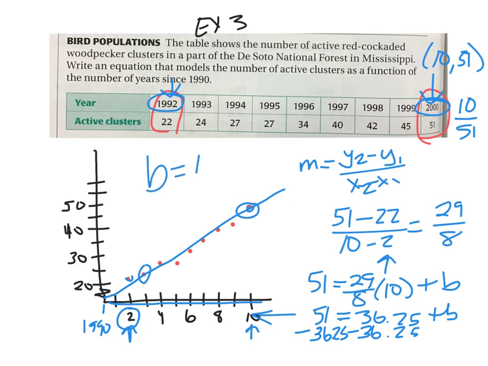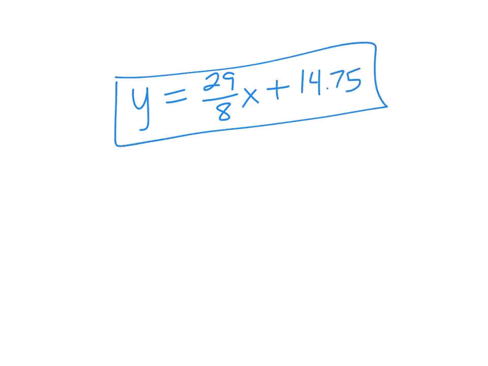So then b equals positive 14.75. So then you just rewrite your equation at the very end. I'm going to turn the page here. So I'd say y equals 29 over 8x plus 14.75. And there's my slope.